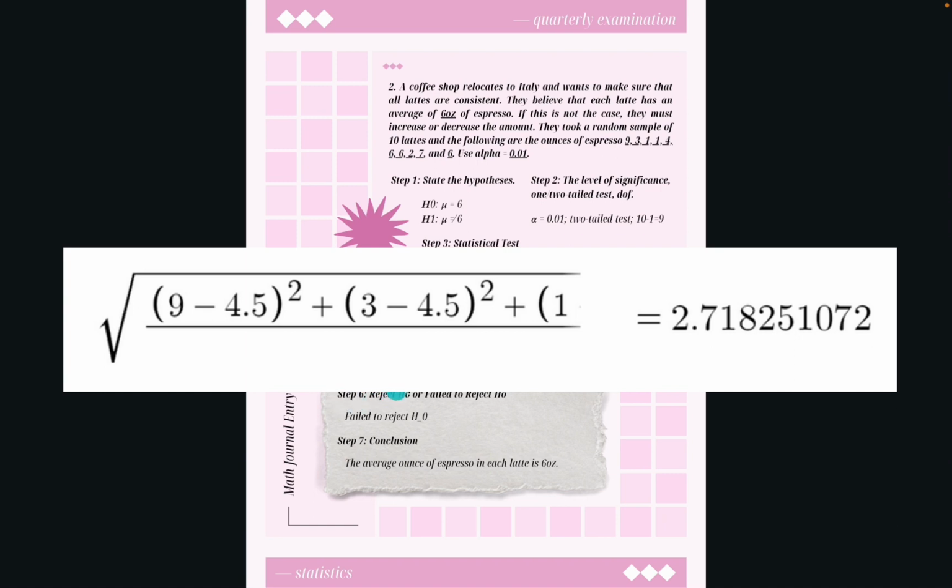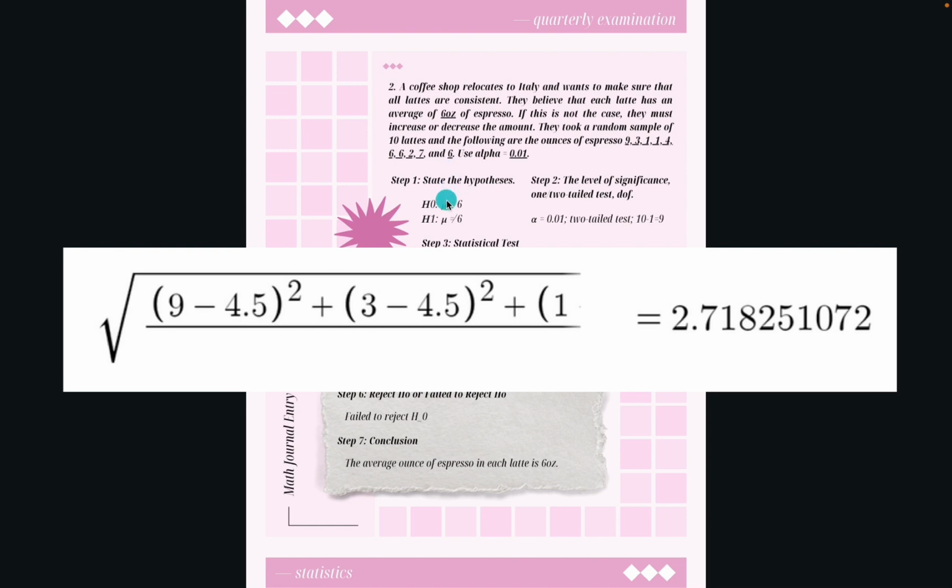What I did was put it in a radical sign, do a fraction, and in the numerator subtract each value from 4.5 and raise that to the second power, and add it to the next one until the last value.